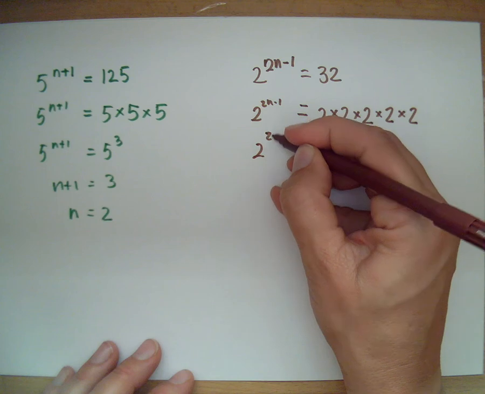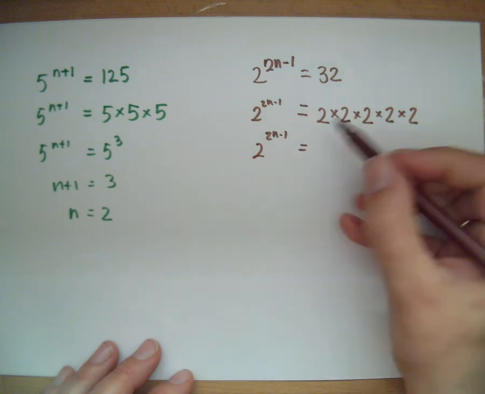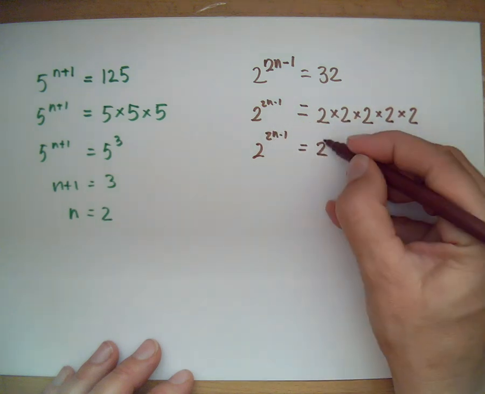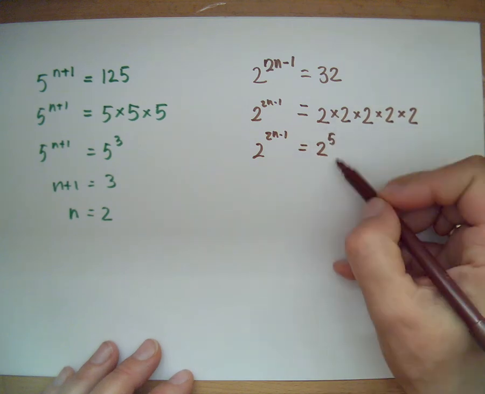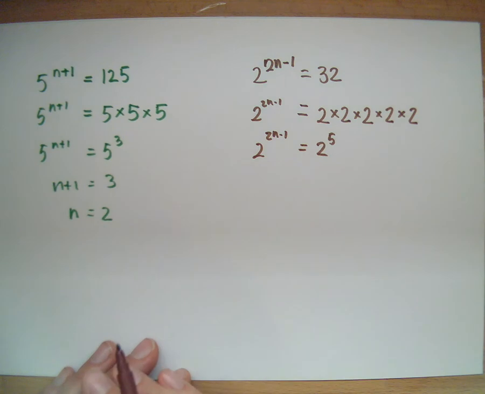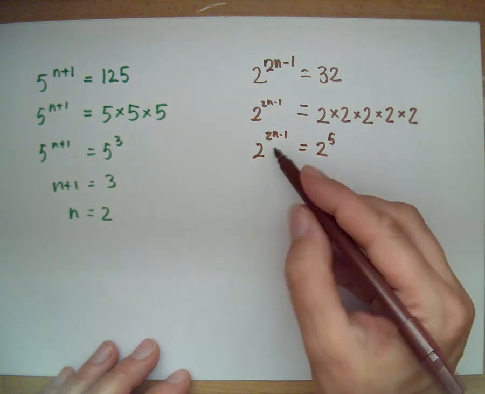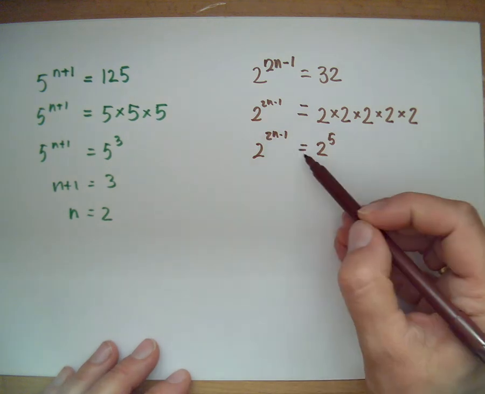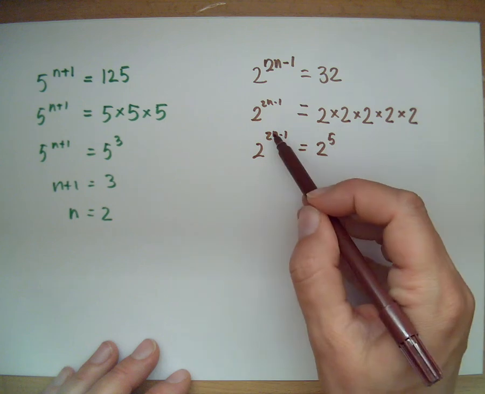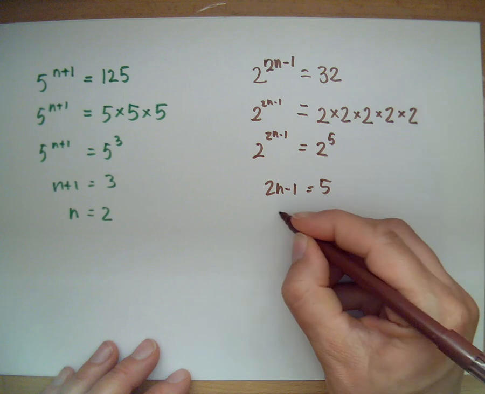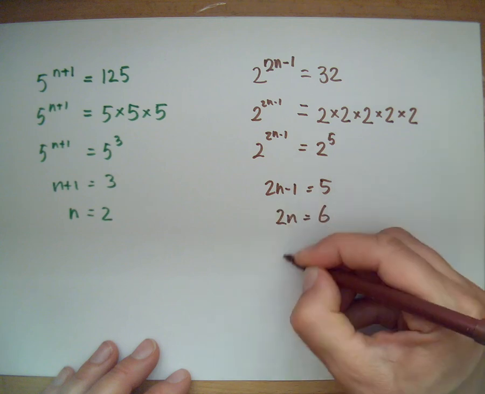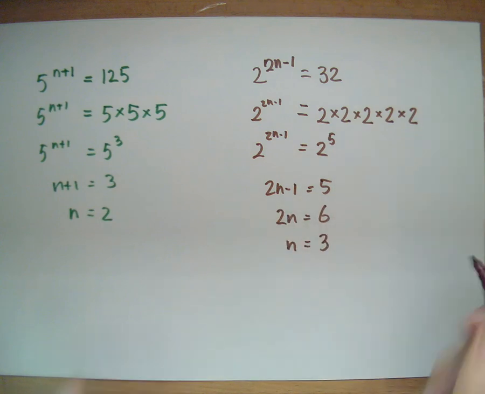So I just rewrote 32 as 2 to the power of 5. This is still 32, right? But expressed as a power of 2. 2 to the power of 2n minus 1 equals 2 to the power of 5, so the exponents must be equal. 2n minus 1 equals 5, so 2n equals 6, and n apparently equals 3. Okay, have fun with problems just like this.